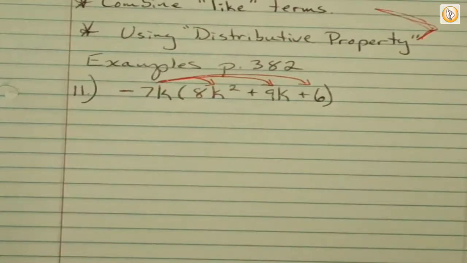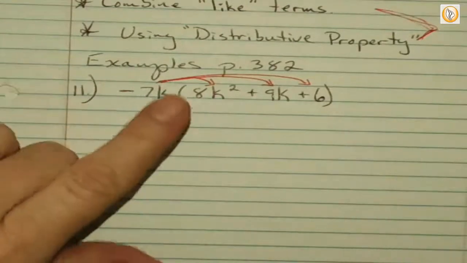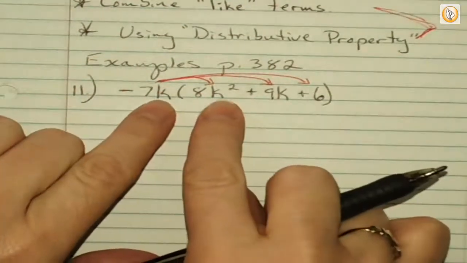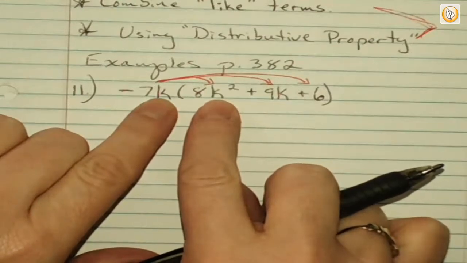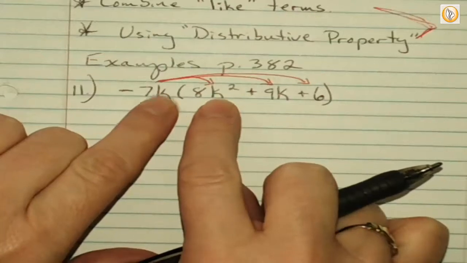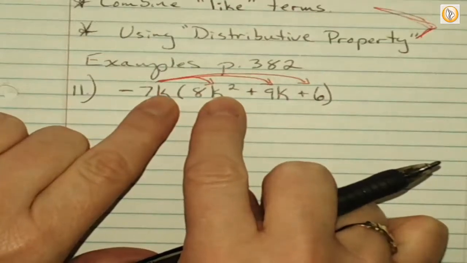If the bases are the same and we're multiplying, what do we do to the exponents? Add them. So for example, are the bases the same here for this variable? Yes. They're both k's, correct? So Sophia, what if I'm multiplying, what do I do to the exponents?